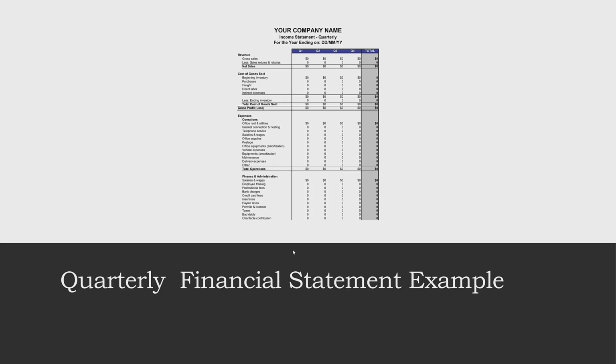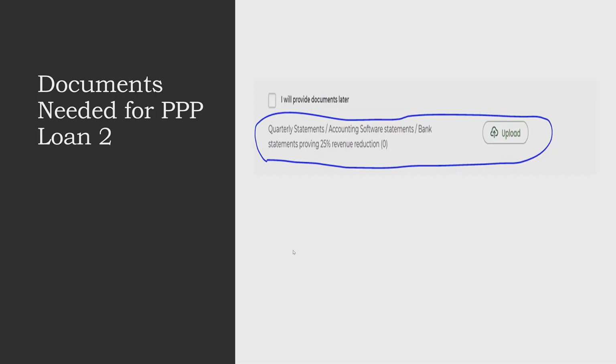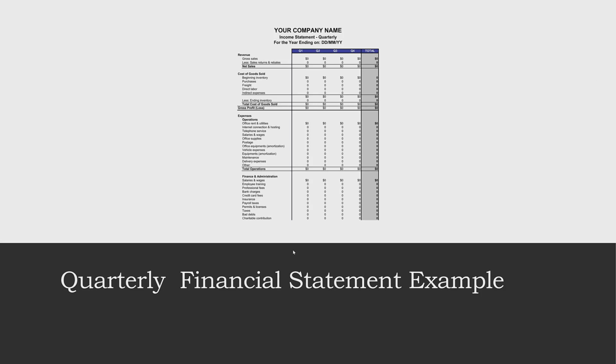It looks something like this. This is a sample quarterly statement template that you can download. Notice it says quarterly statements or accounting software statements. So not everything has to be generated by an accounting software. There are Excel templates such as this one that you can download and put in your sales. You can put in your beginning inventory if you have inventory.